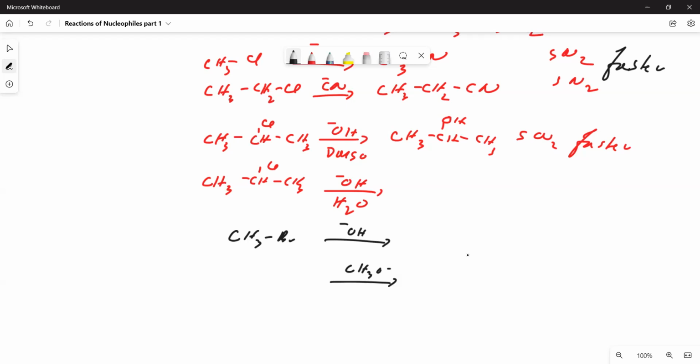The more basic, the more nucleophilic. This one will produce methanol. This one will produce ether. Both are SN2 reactions, but which one is faster? The second one, because methoxide is more nucleophilic than the hydroxide.